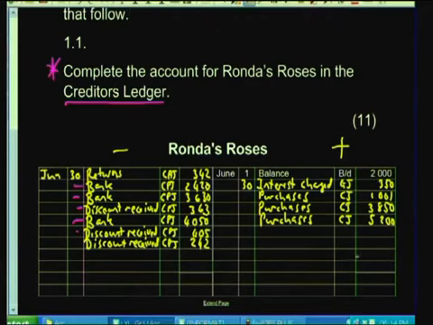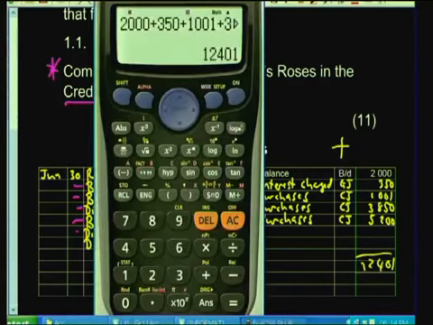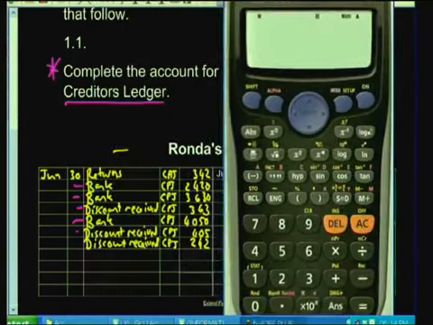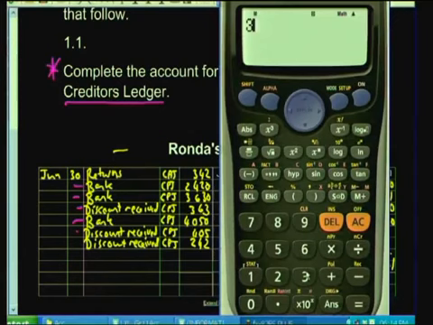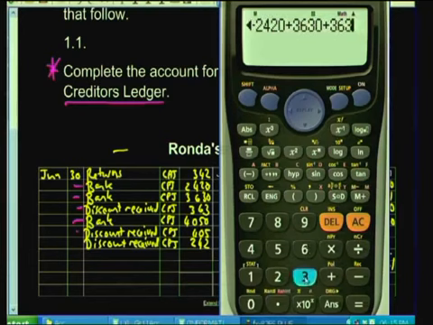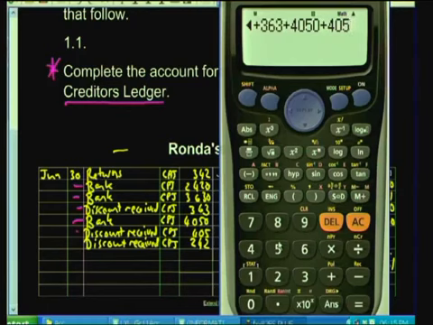So I'm going to write it down here. I'm going to leave a line underneath 12401. Now let's look at the debit side. The debit side is 342 plus 2420 plus 3630 plus 363 plus 4050 plus 405, and then plus the one we almost forgot, plus 242.